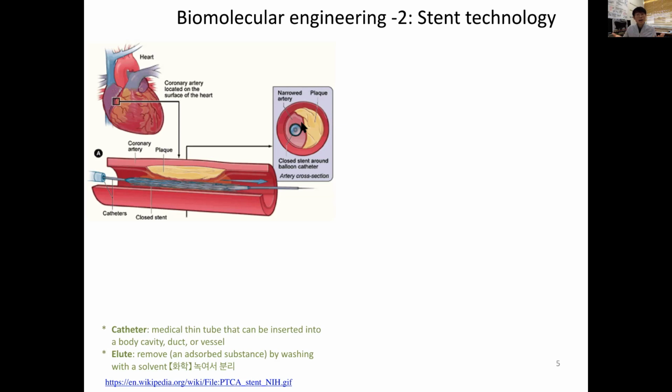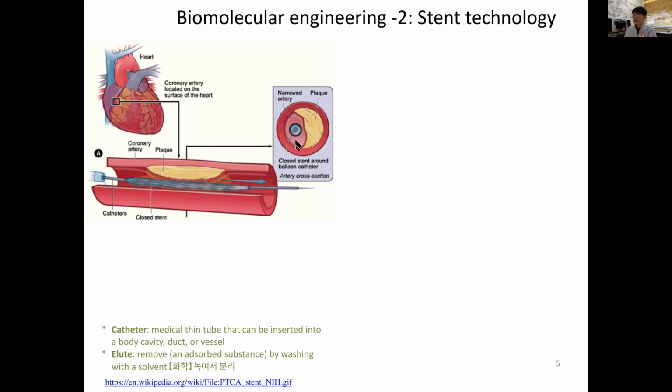My mom has angina, which is a symptom that the patient will describe as an elephant pushing on your chest. That kind of symptom is a sign that she or he might be suffering from this plaque formation and narrowing of the coronary artery.